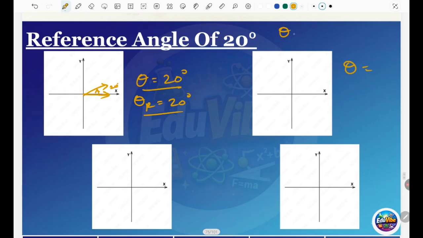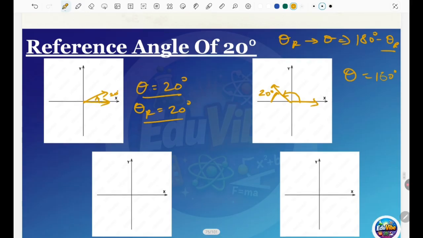To go from the reference angle to theta, you do 180 degrees minus the reference angle. So 180 degrees minus 20 degrees, you get 160 degrees, which is your theta, and this is in the second quadrant. This is your 160 degrees, the ray diagram, and this is your reference angle of 20 degrees.